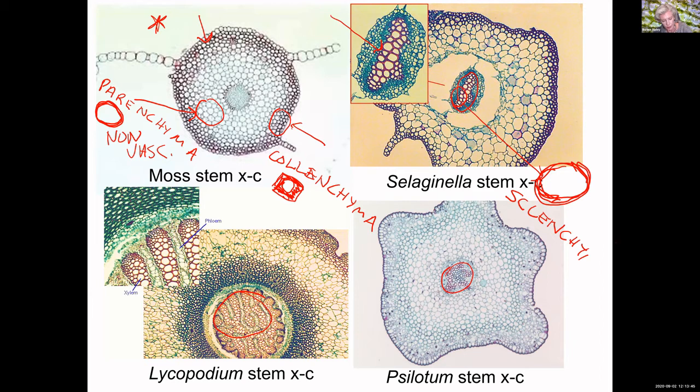Remember that the cell walls in plant cells, we learned the basic idea is that they have cellulose. So we have a cellulose cell wall in the parenchyma cells. The sclerenchyma cells have lignin as well as cellulose.